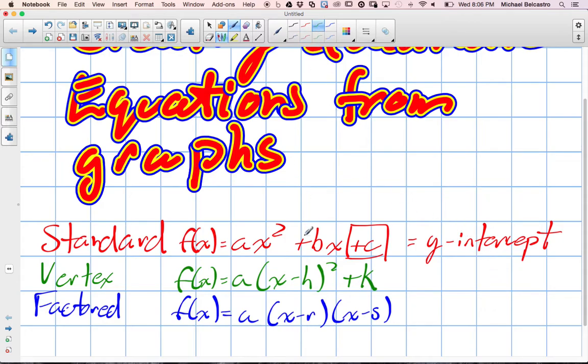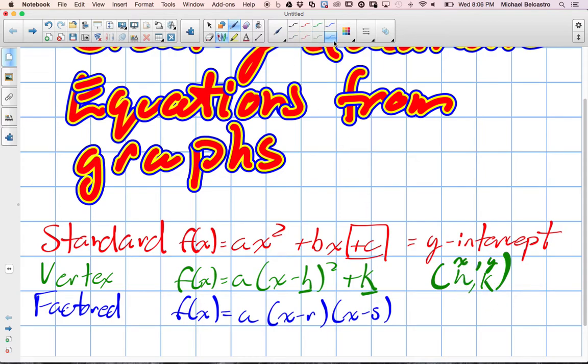Our vertex form, well, the h and the k are essentially the x and y of the vertex, correct? This h, and depending how you read it, whether it's negative or h, what I'm going to say, it's the opposite. So I'm going to say the h value and the k value, okay? Those are our vertex, so they can help out there.